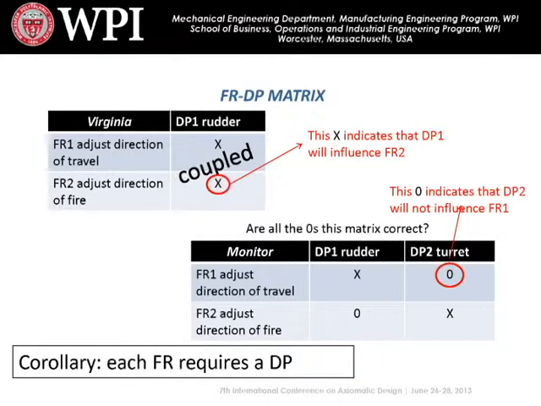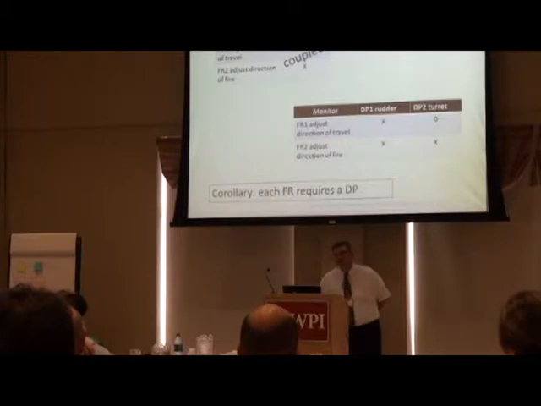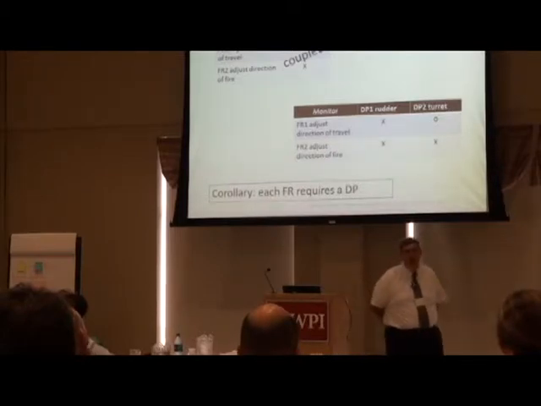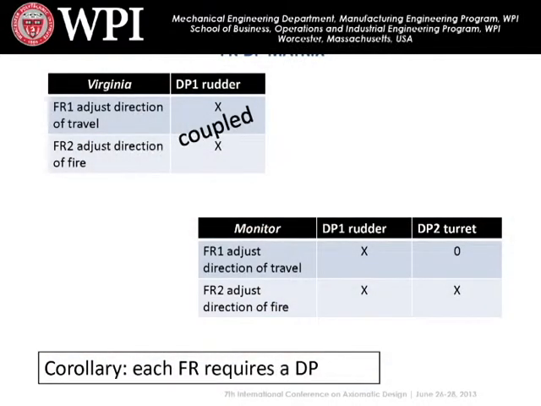And if you look at the Monitor, the rudder controls the direction of travel, and the turret controls the direction of fire, and the 0 indicates that there is essentially no influence: the turret doesn't affect the direction of travel, and the rudder doesn't affect the direction of fire, necessarily, because that's not 100% correct. The rudder does have an impact on the direction of fire, but not to the degree that the turret is not able to overcome that.